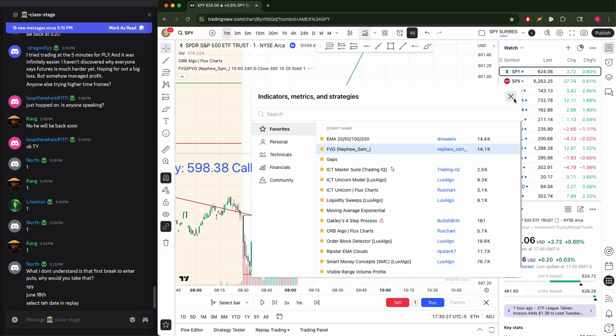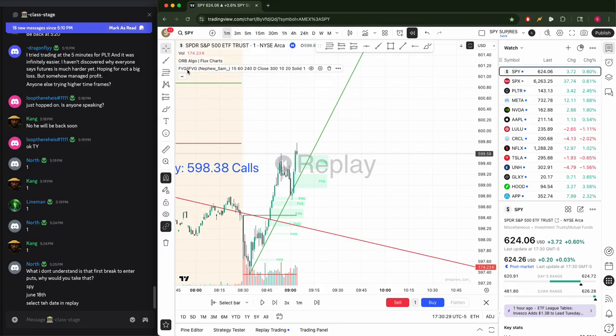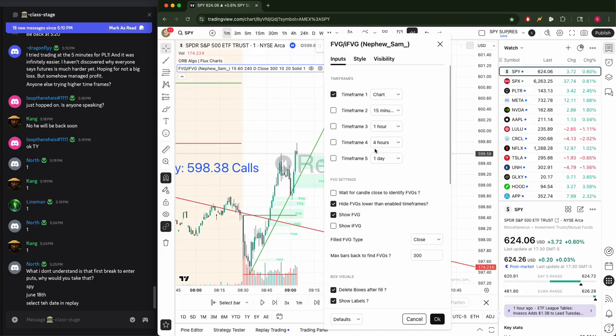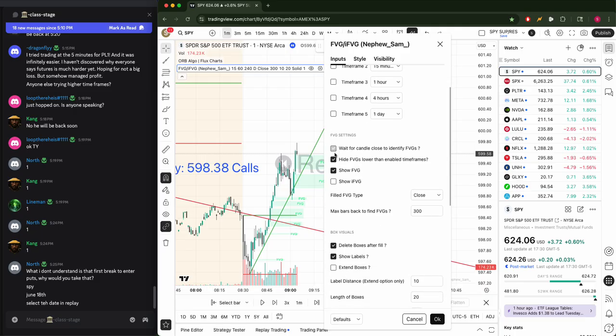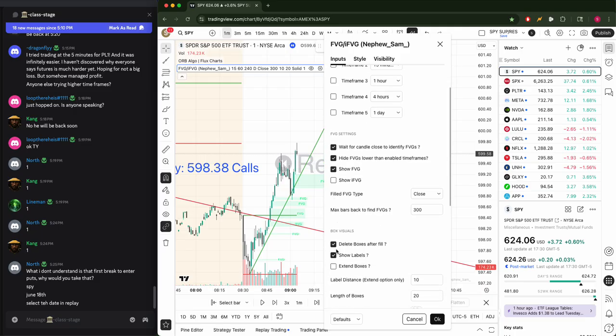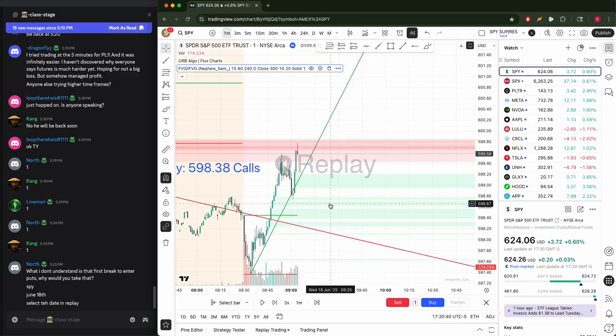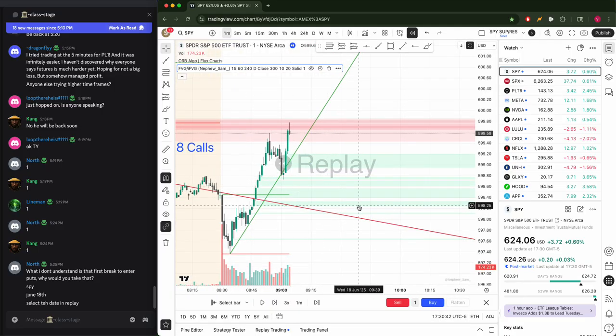If you guys don't have this indicator, I highly suggest you download it. It's FEG by Nephew Sam. What this is going to do is chart out these fair value gaps in real time for me. And when they get invalidated, it's going to be the same way as the trend line.